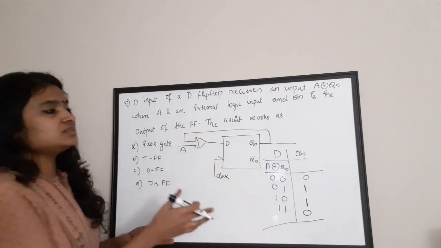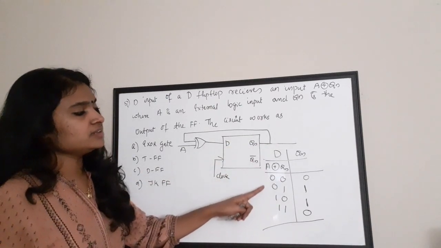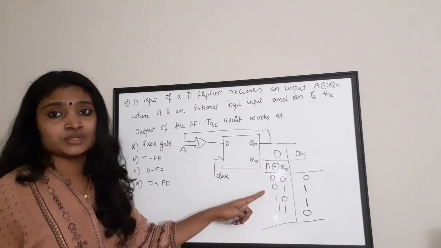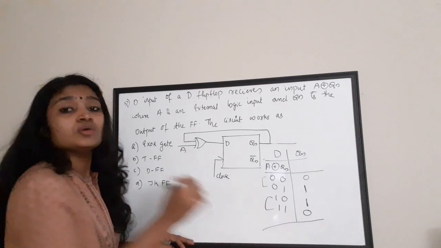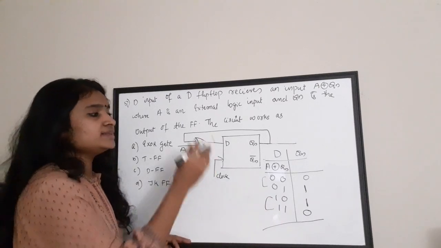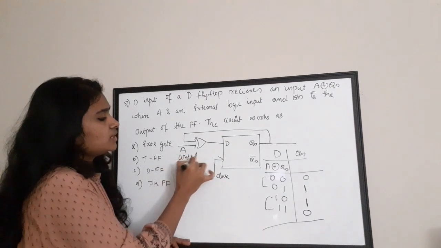Now if you see this truth table, you can see that first we have taken the values of A as 0, 0. Then we have taken the values of A as 1 and 1. Okay, so let this A be a control input.